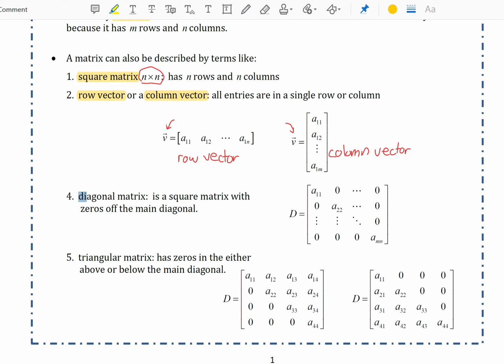We can classify them as being a diagonal matrix. A diagonal matrix is a square matrix with zeros off of the main diagonal. So this would be the main diagonal here.